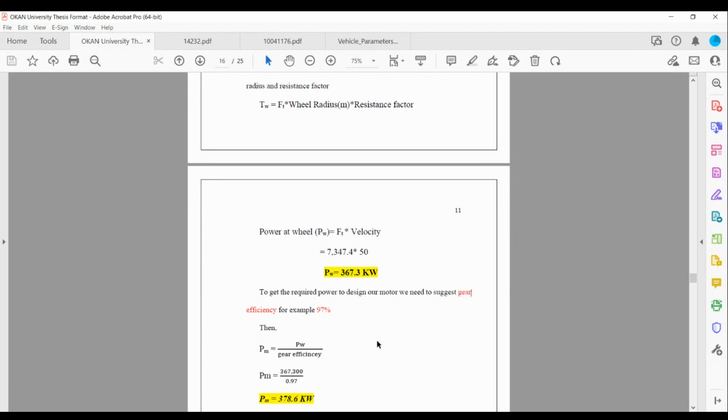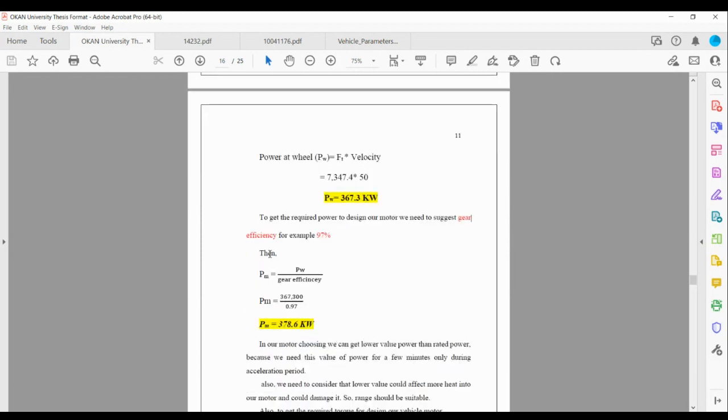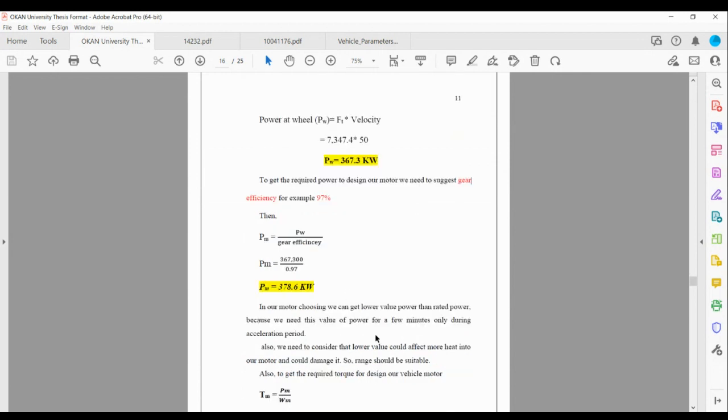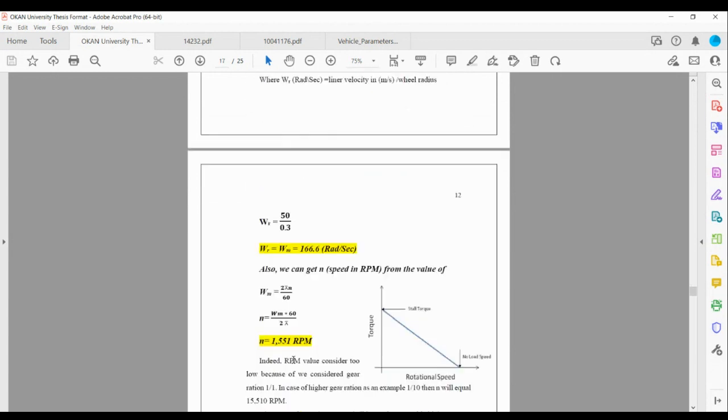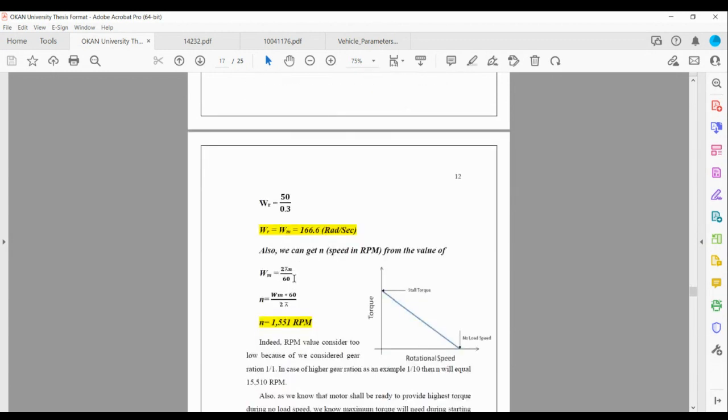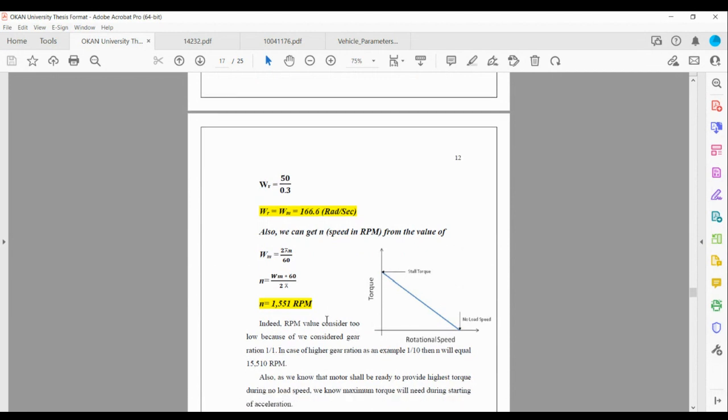Also, he designed a gear. To get the required power, we need to suggest gear efficiency. Okay, what's the gear ratio? He selected gear ratio 1, no, he selected gear ratio 1 over 10. Okay. After selection of the gear ratio, he decided the speed.